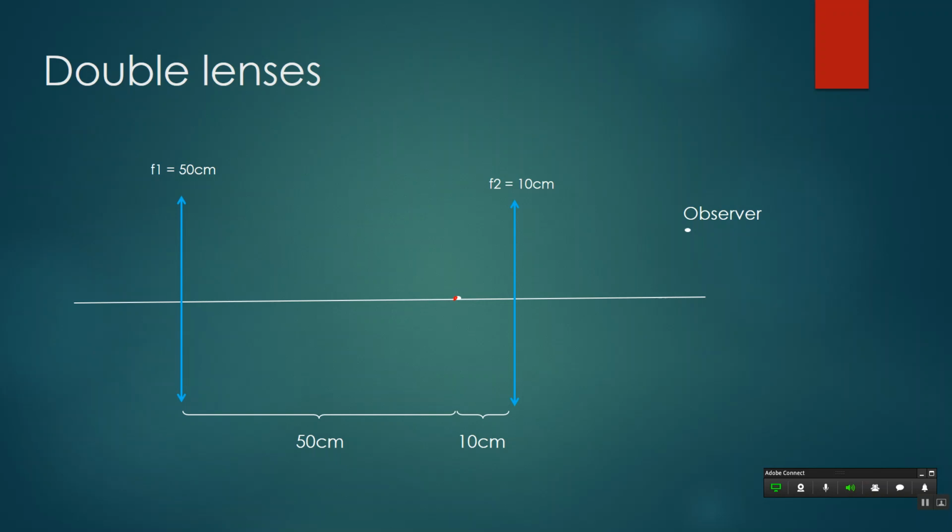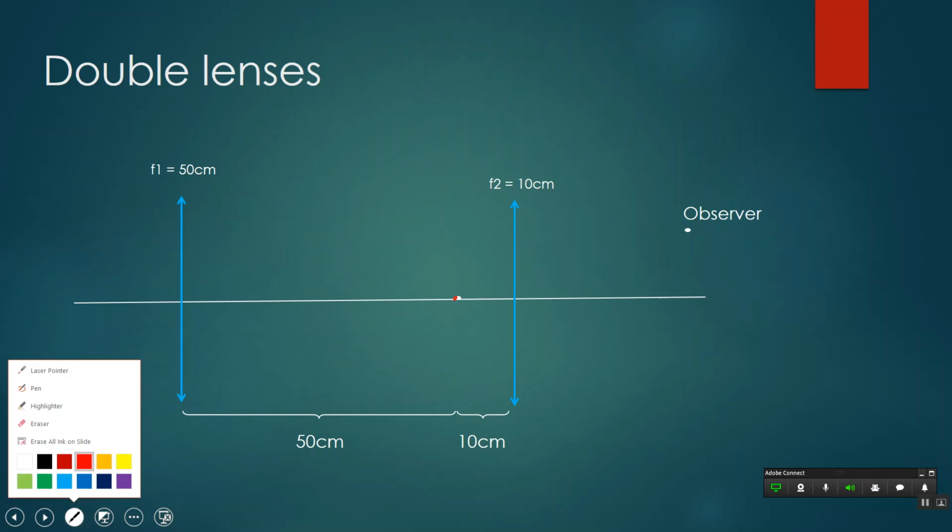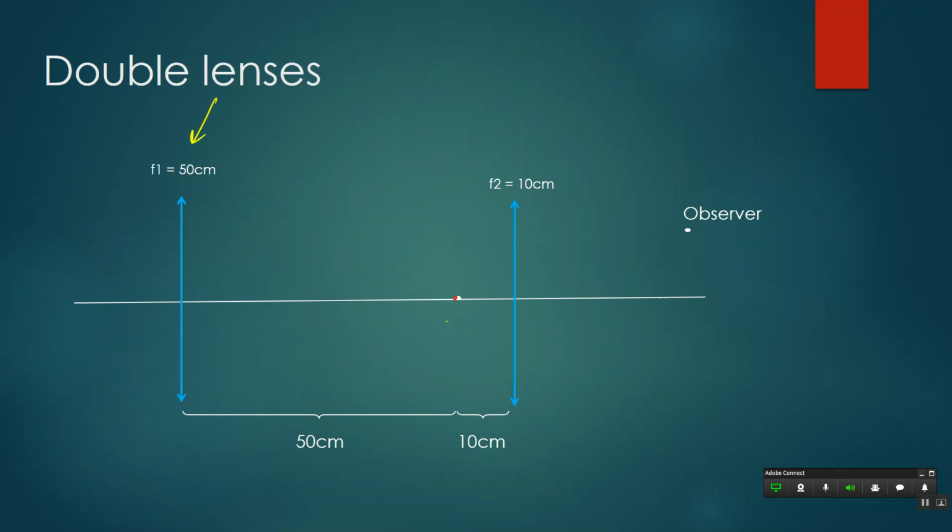So you can see here I have an f1 of 50 centimeters, and I have an f2 of 10 centimeters, right? And therefore, my distance between them is going to be 60 centimeters, with the focal lengths at their respective positions. So that's important. That's what you want to have in a telescope.